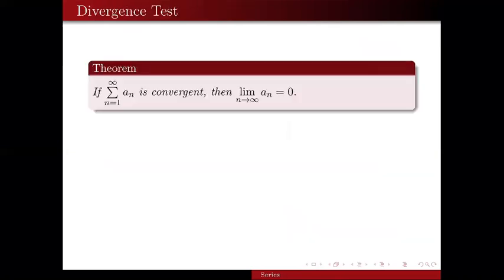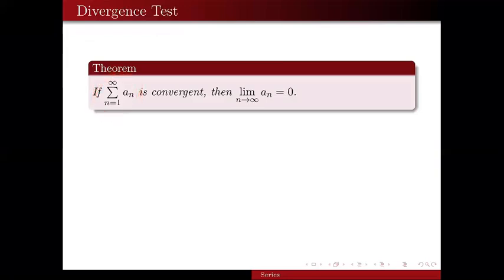We have another way of determining whether the series is convergent or divergent. In fact, this one here, we have a way to determine whether the series is divergent or maybe not divergent. We call this the divergence test. Here's the theorem.